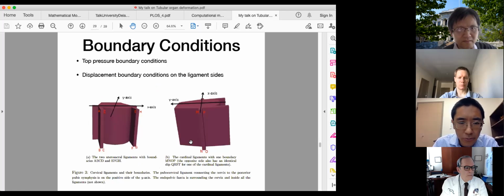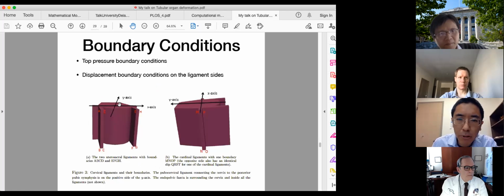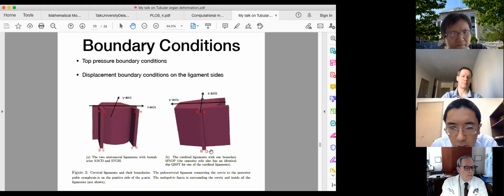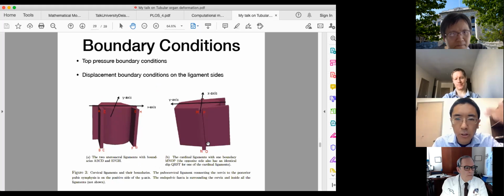Boundary conditions: at the top side, there is pressure from the baby's uterus, and also the ligaments like AD, BC, EH, FG, MP, NQ, NO here. The ligaments are just a slip boundary, so you can slip up or down or left to right based on your location.